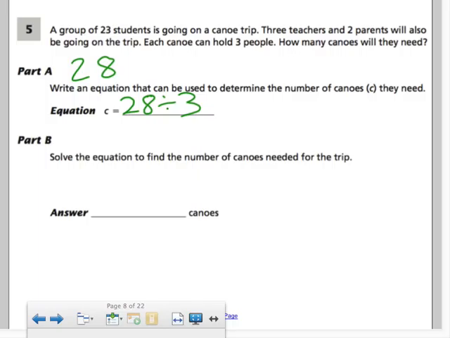That's part B, actually. Solve the equation to find the number of canoes needed for the trip. 28 divided by 3 is not so tough. The only problem is you'll have a hard time thinking about the answer if you only rely on memorizing times tables. You see, it doesn't fit perfectly. You can get real close, but 3 does not fit perfectly.